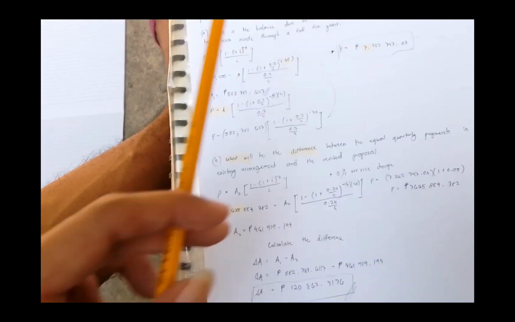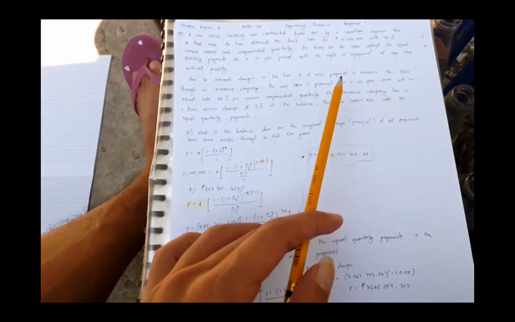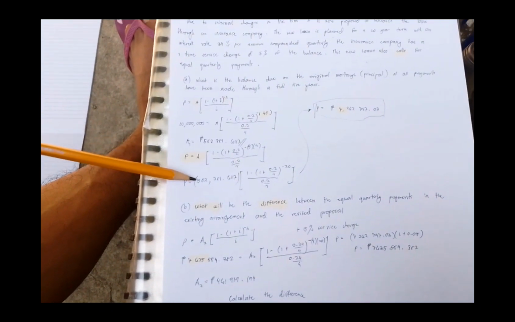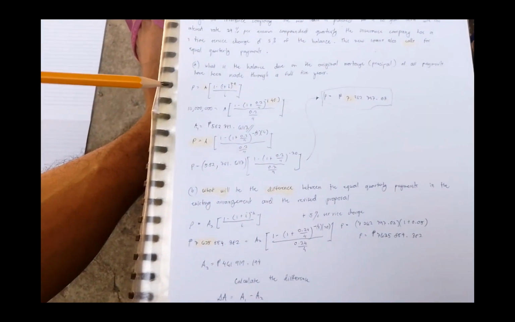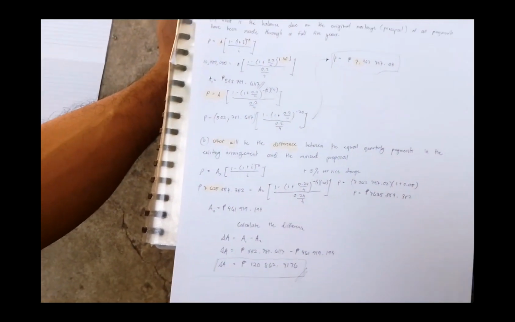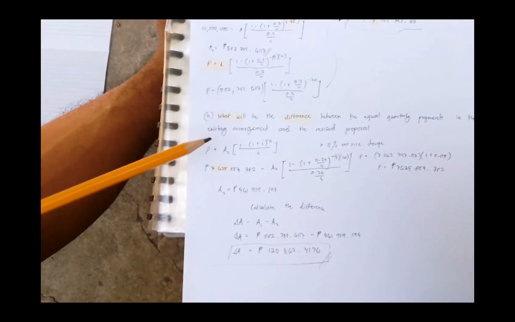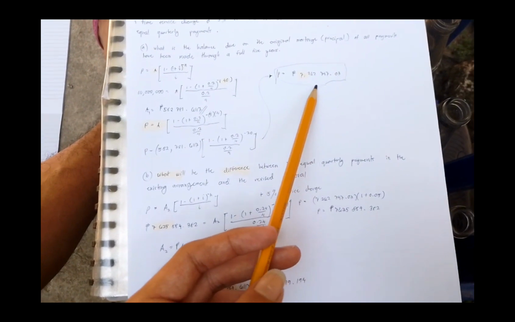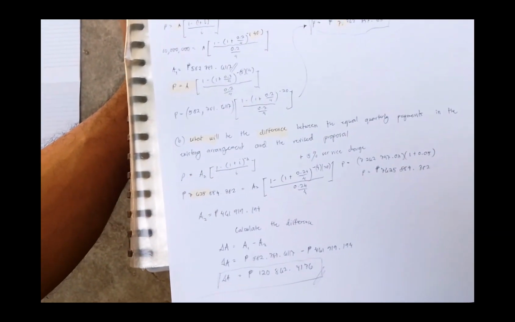Though their mode of compounding is the same, quarterly, the rates differ. So we denote the first as A1 and this one as A2. Simply substitute the value of P that we solved earlier for the full 5 years, now revised.